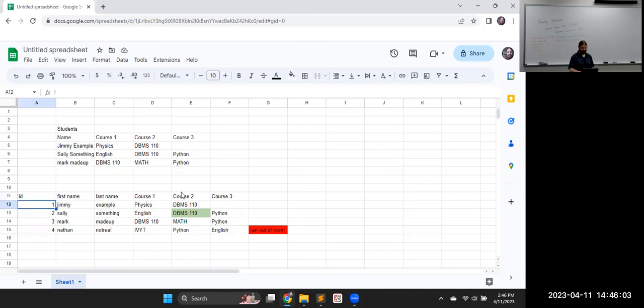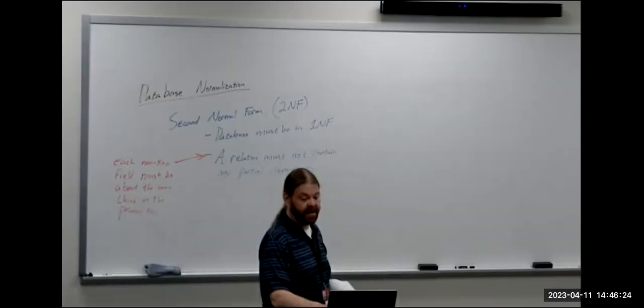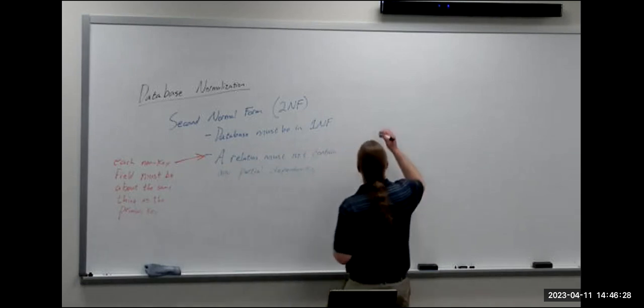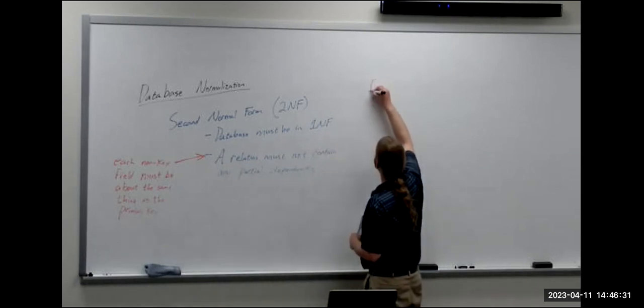Well, I guess we could argue it back to the primary key, but it's only partially dependent on this, because this version of the course and the next row down depend on a different primary key. So they're not fully dependent on it. They're partially dependent, or the full term for that is functional dependency.